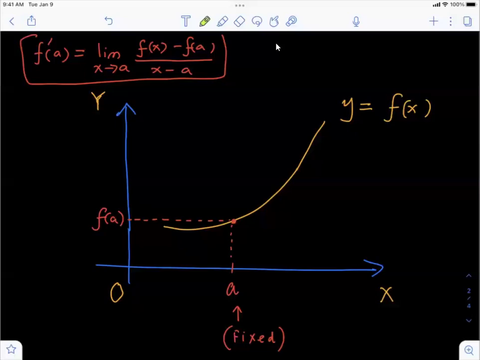So the next point that we're going to look at is going to be the variable x. I'm going to place variable x somewhere on a different location. x. And the significance of this quantity is that this is a variable. And on top of that variable domain value, I can prepare the corresponding point on the graph.